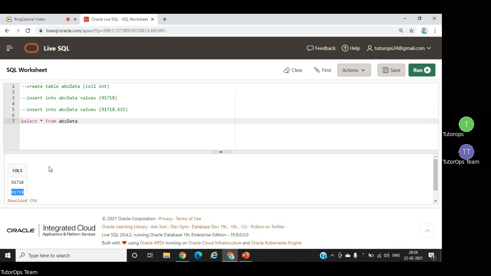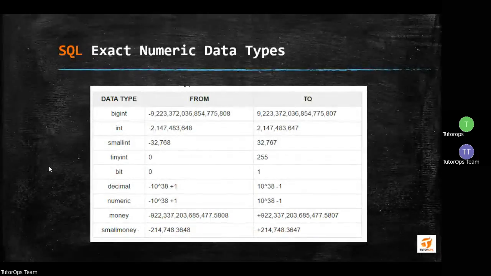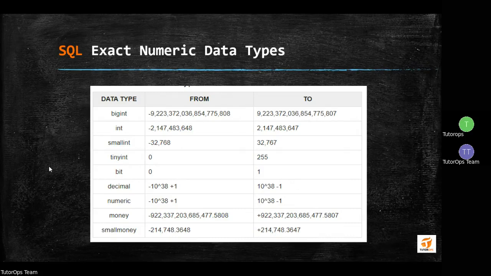That's why it inserted 91719 instead of 91718.615. So this is how the exact numeric data type works. Whenever you are trying to insert or store an exact number kind of thing, then we will use the int data type.